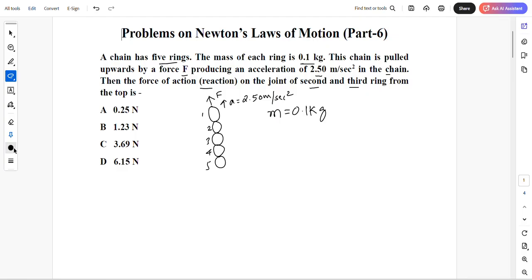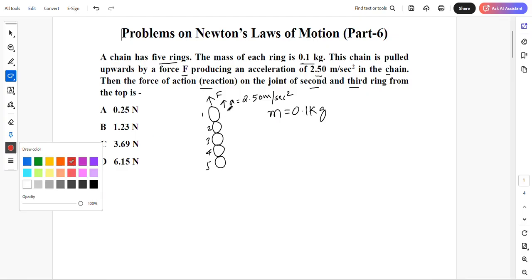Now what I will do, I will cut this chain here. Second and third ring from the top. What does it mean? First, let me write like this.